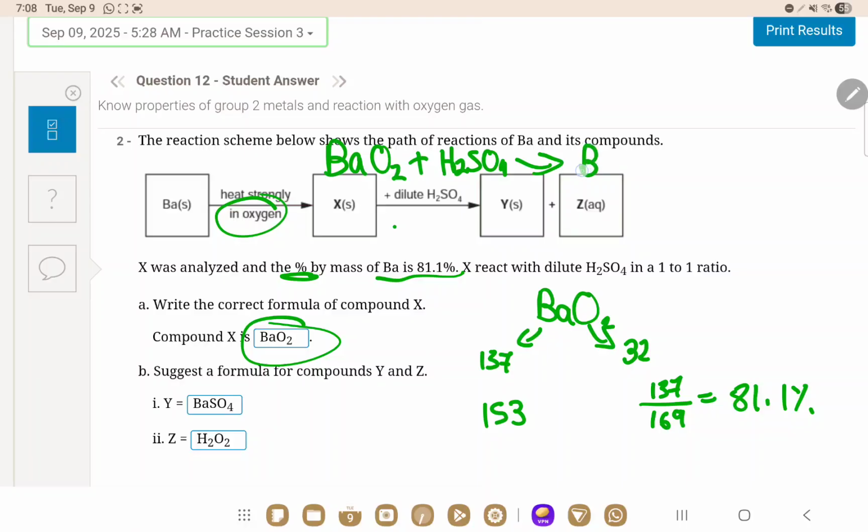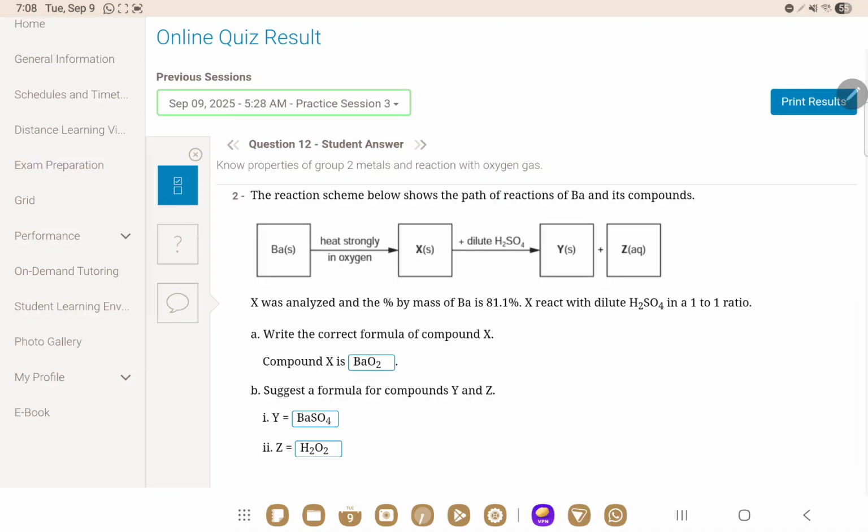So it is going to be BaSO4 for our first product. And now what's left? We have H2 and O2. So H2O2 is our second product, which is hydrogen peroxide. This question you can't really know, you just have to actually solve it to know. Moving on to our next question.